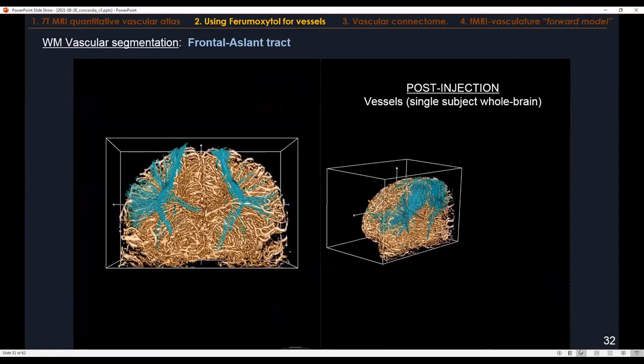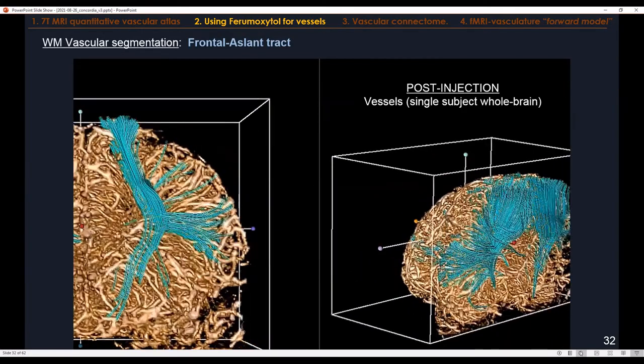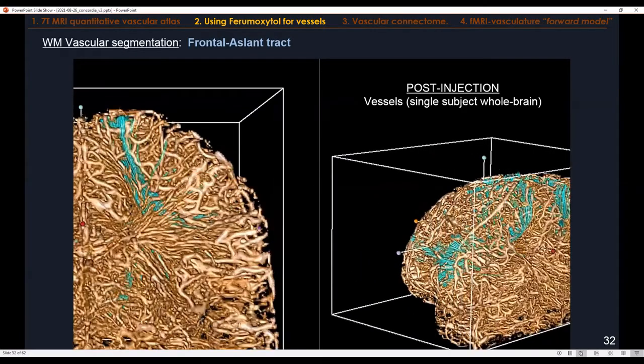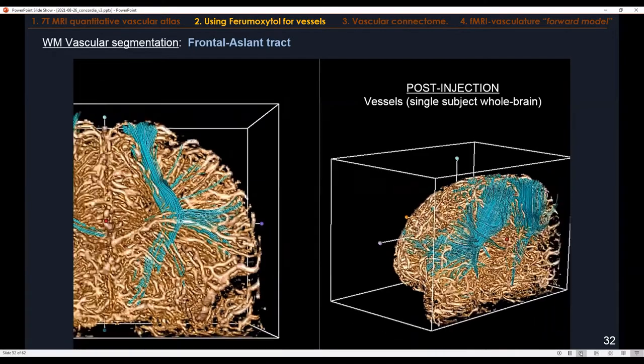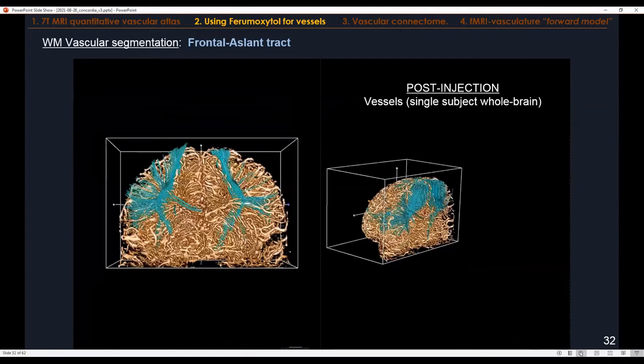Looking at each and every one of those bundles, we saw that there's a qualitative coarse correspondence with the segmentation, but it's not a perfect match, of course. We didn't expect a perfect match. It's not the same anatomy that we're looking at, but it seems to be related to what we were expecting to see.